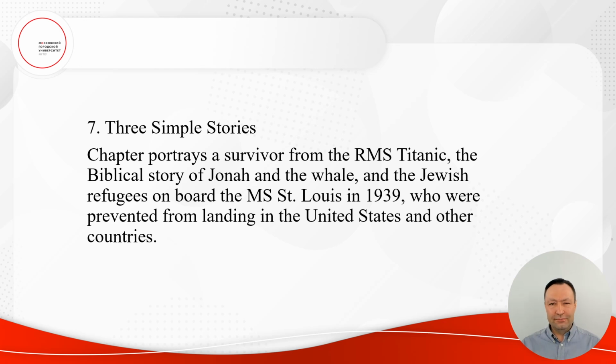You know what? Let me start with the last story. Let's try to analyze it a little bit. Don't you find that this is a bitter irony of the author, comparing it with Noah's Ark?